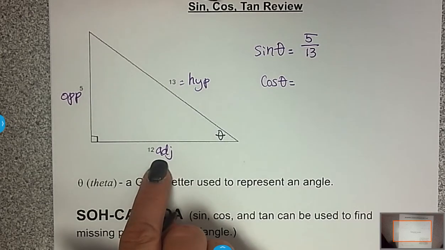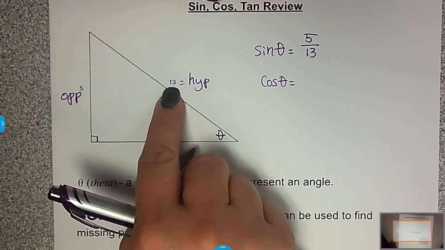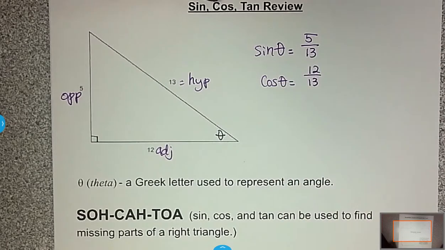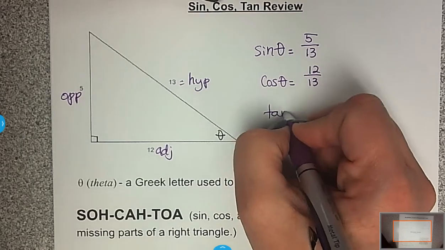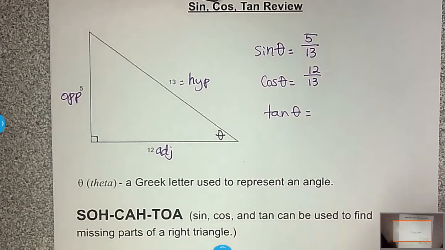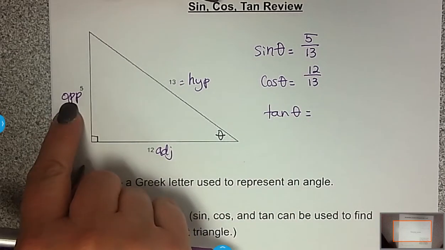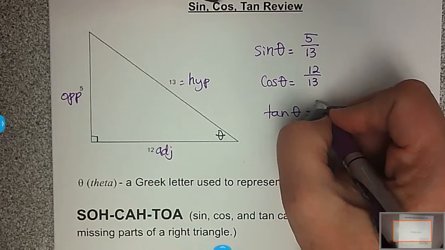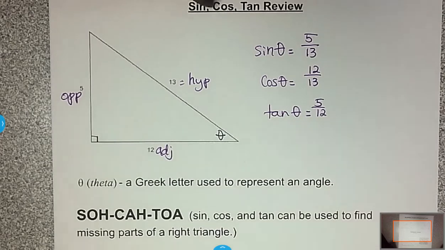Well, my adjacent side is 12, and the hypotenuse is 13. So we'll put 12 over 13. And then the tangent of theta is the opposite side over the adjacent side. So that will make it 5 over 12. And you leave it. We're done right there.